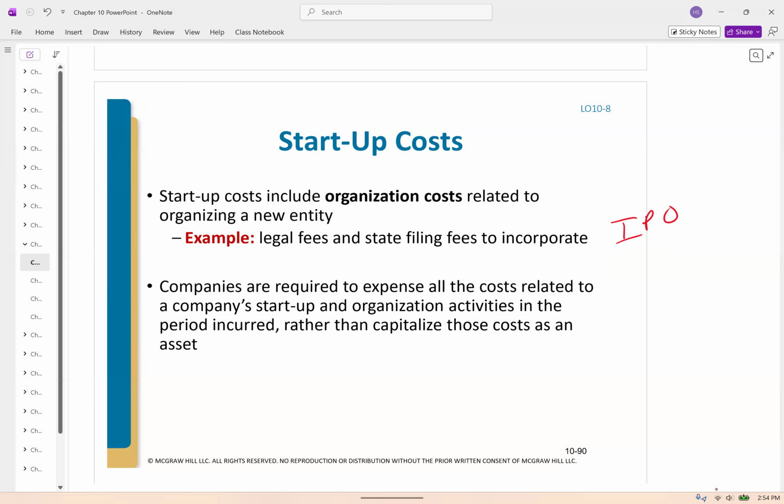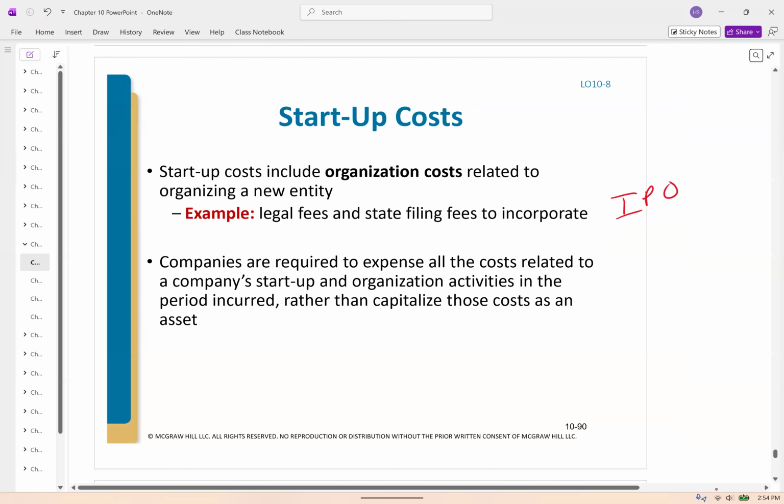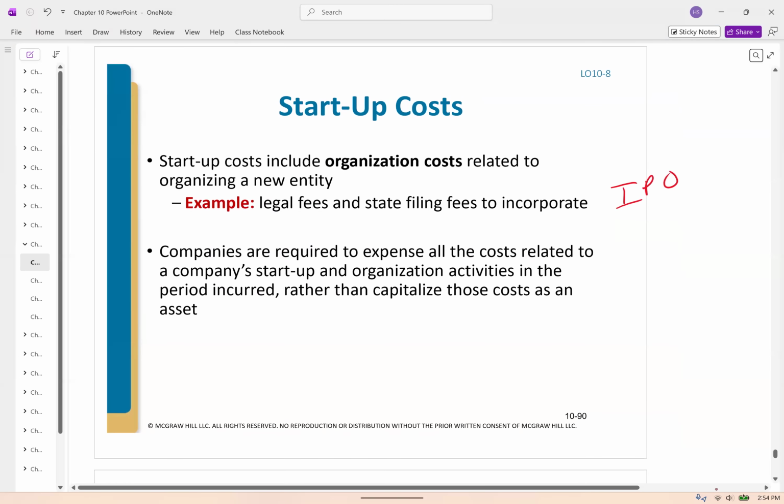Maybe instead of being paid money, they may want some shares of stock, and we can do that too, but that would still be an expense no matter if we paid for them or we issued stock for them. It is still an expense.